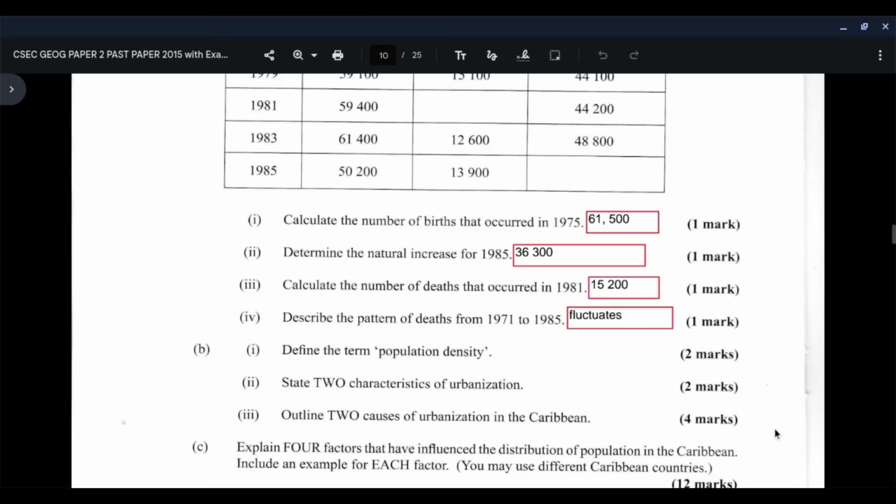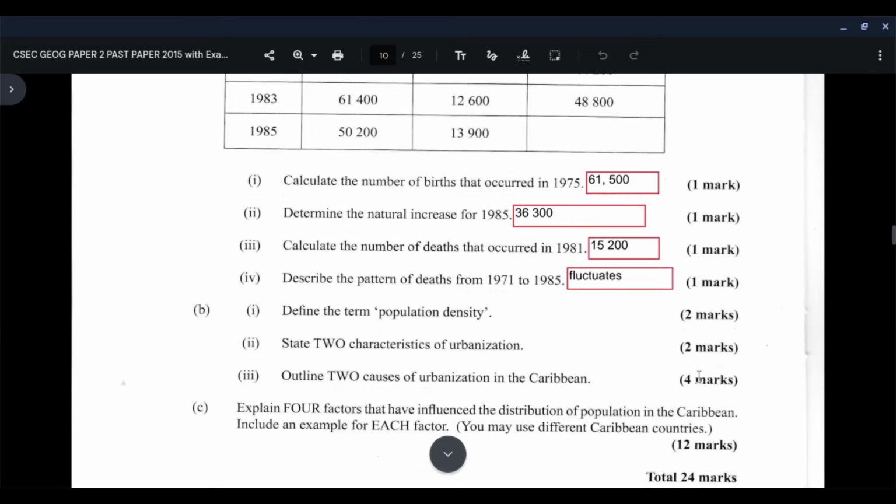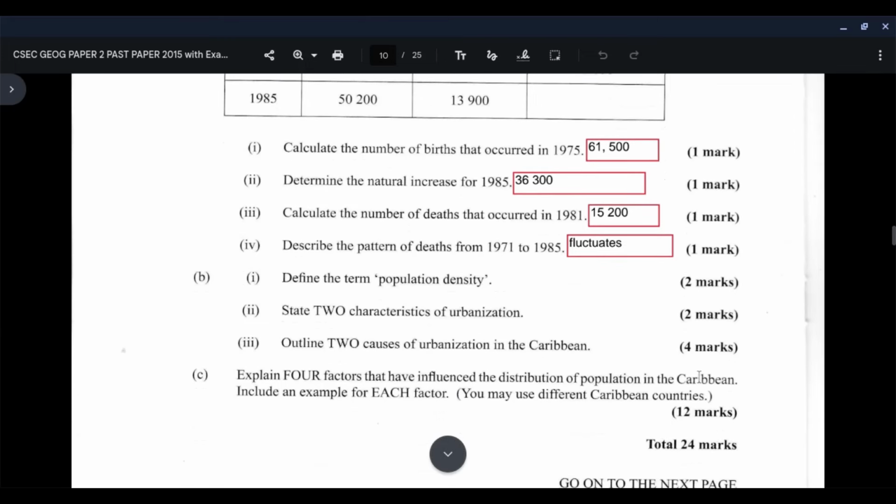Now, there are many other factors that help to determine how a population is distributed. I gave you 5. You can talk about the topography of the land, the soil fertility, natural resources, the economic factor, and where the urban center is located. Once you're able to do that, that is 12 marks. That would be a total of 24 marks.